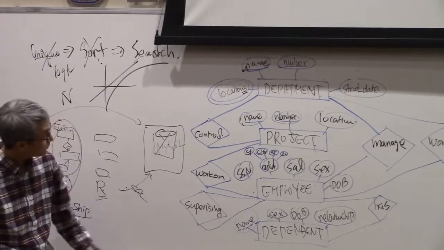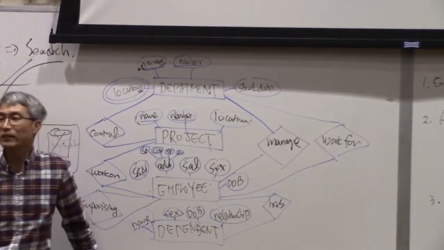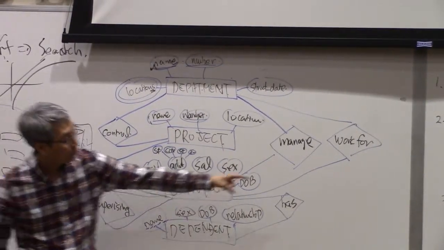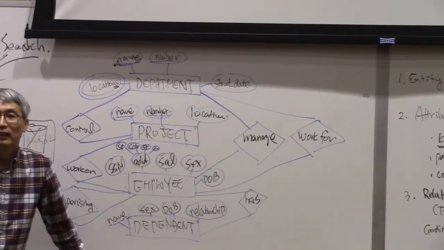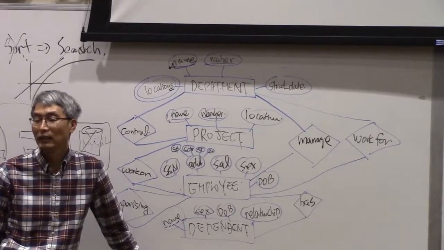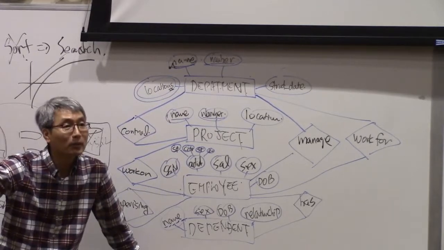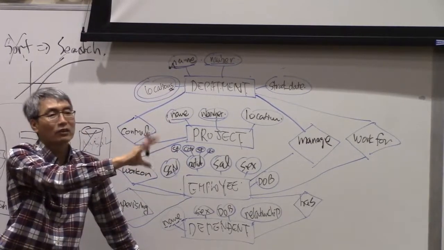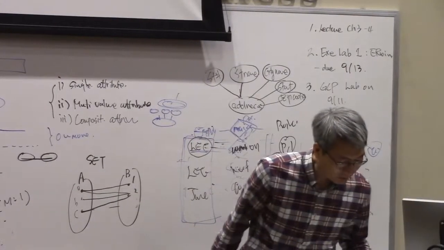For example, the managing relationship is what? Which one? One of these: 1 to 1, 1 to many, many to many. 1 to many would mean one employee manages many departments, but only one. So if you read the first, it's manage one department.